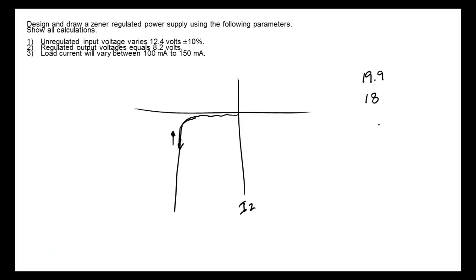So 19.6 would put it right here. So basically, if you round it that way, you're going to be moving up into the knee, right? That makes sense. So that's why we round down.